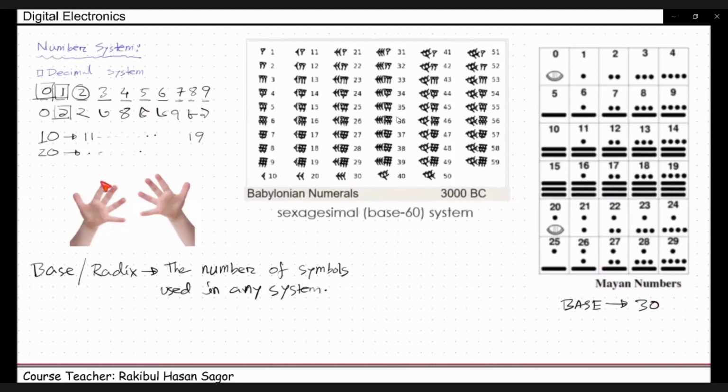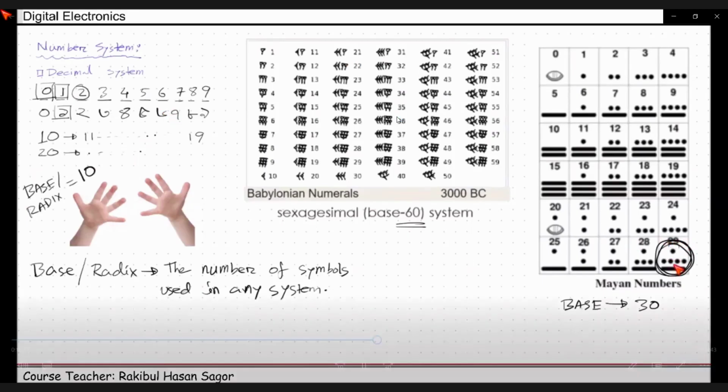For the decimal system, we have base or radix equal to 10. For Babylonian numerals we have base 60, and for the Maya civilization base 30. This single number represents 29 in our decimal system.